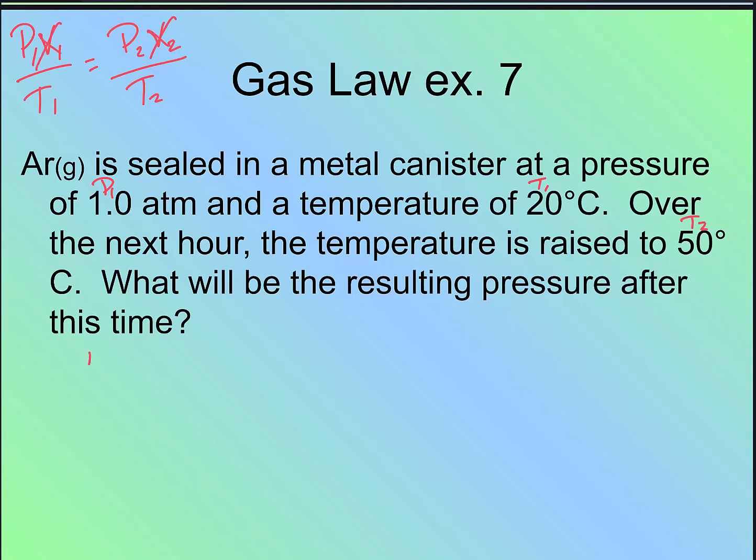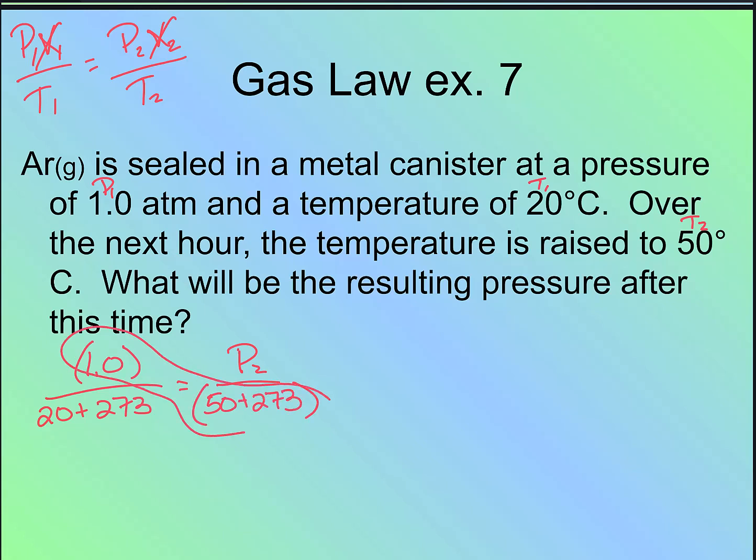So I'm going to plug in 1.0 divided by 20 plus 273 equals P2, because that's what I'm solving for. And then I've got 50 plus 273. Cross multiply.